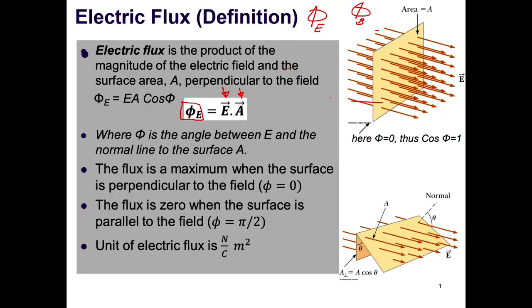For example, let's take a surface, something like a box. This is a box. It has a top surface. The direction of the top surface is going away from the surface. This is A for the top one. The direction of the side one is going to the right. It's perpendicular to it. This is A.